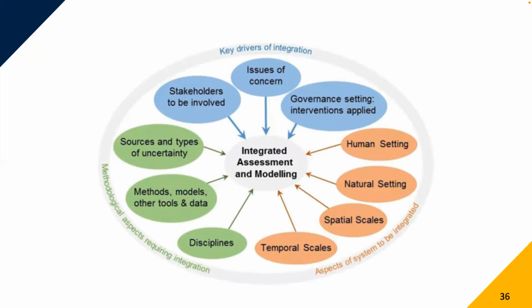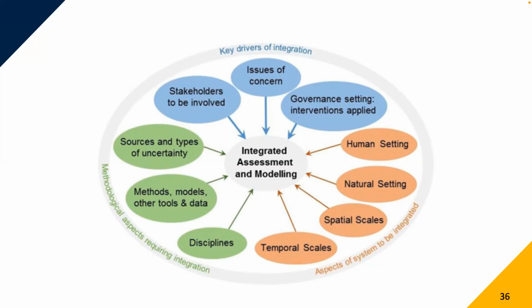So this is, I think, a nice generalized diagram of an integrated assessment model. What things do you want to integrate? Stakeholders, issues, and governance. What aspects of the system do you want to be integrated? So human setting, natural setting. I think this is a little bit weird.